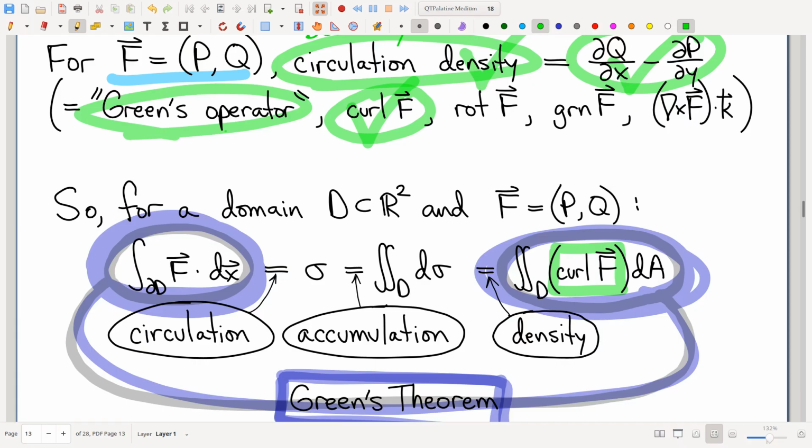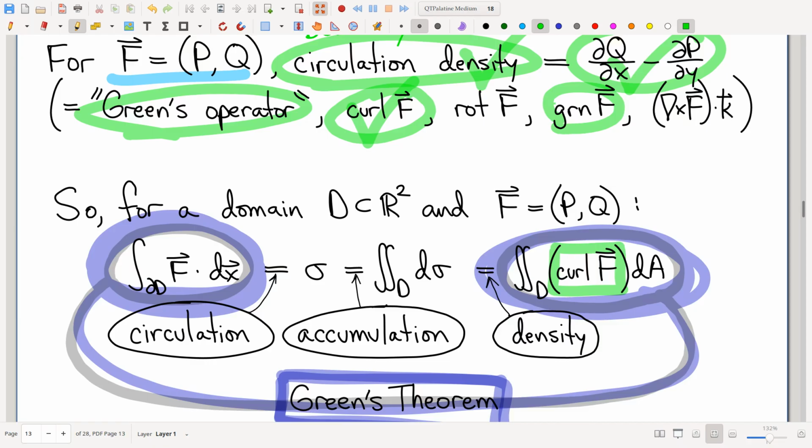I find that really natural, so I call it Green's operator. As a result, I sometimes, in the past anyway, have written this as GRN, just as a little abbreviation of Green. I like that notation. If you look through my old exams, you'll see that it's in there more than once, I'm pretty sure.